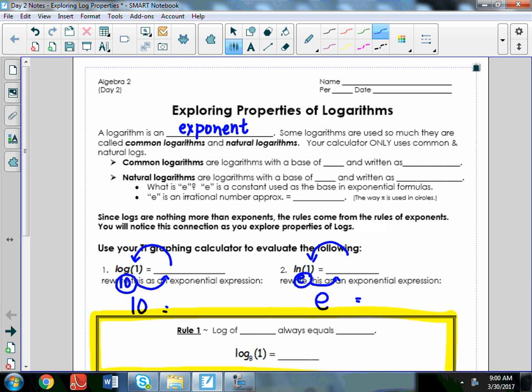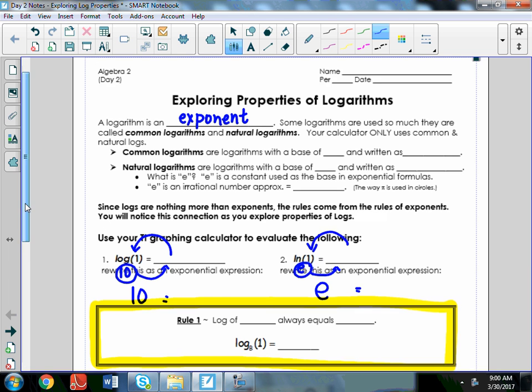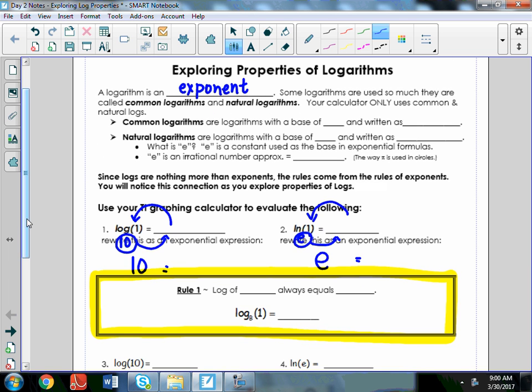Your calculator only uses, we talked about this yesterday when we took notes on the yellow sheet, the common log and the natural log. So did you guys remember common logarithms are logarithms with a base of what? Good, 10. And they're written as just log.